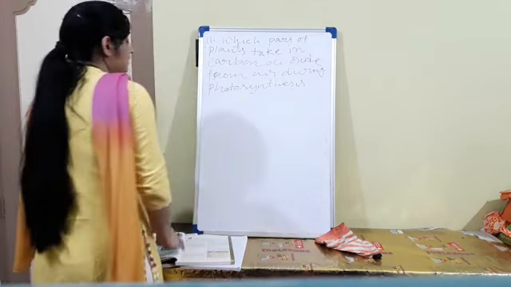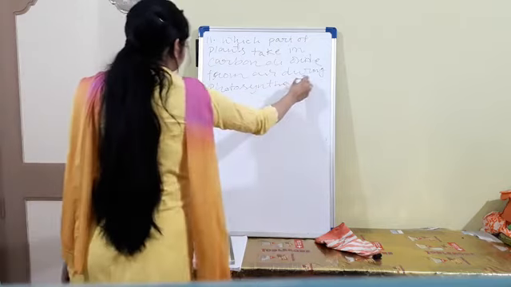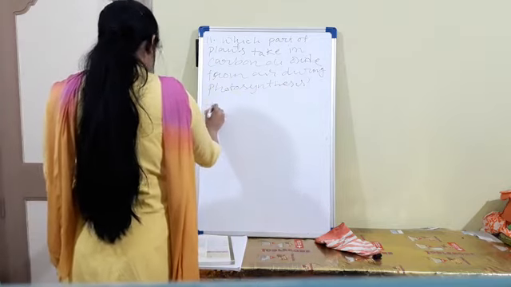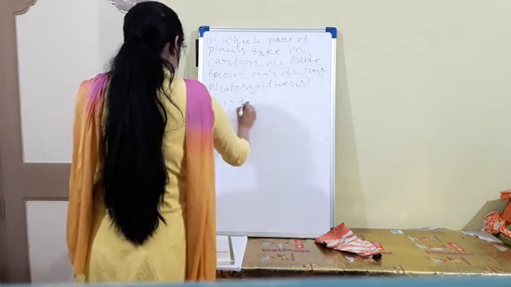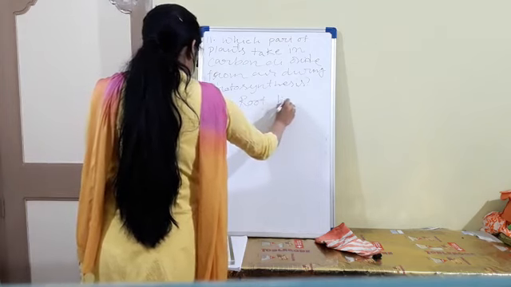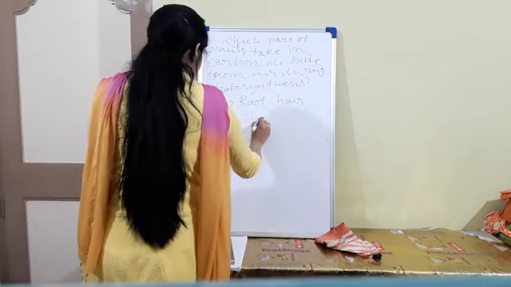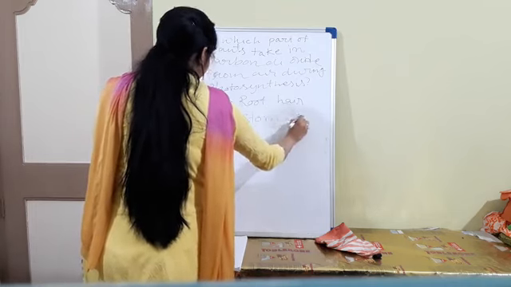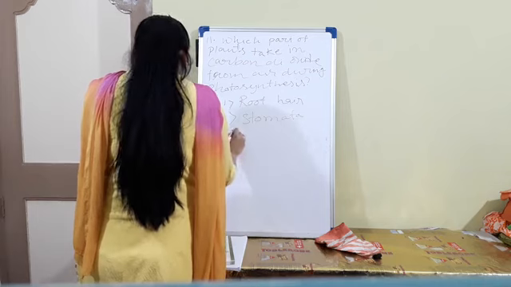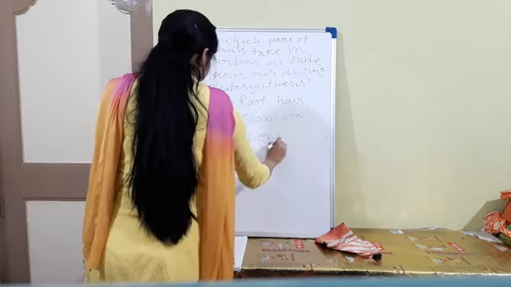All of you know that the gaseous exchange only occurs through the small pores present in the plant. That is stomata. And 4 options are there. Number 1, root hair. Number 2, stomata. Number 3, leaf veins.